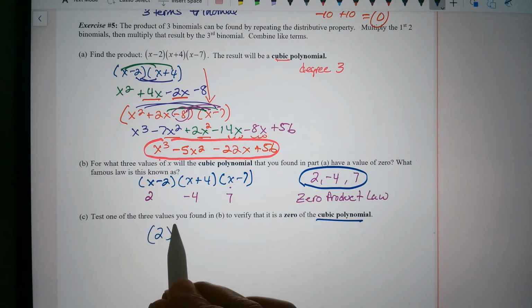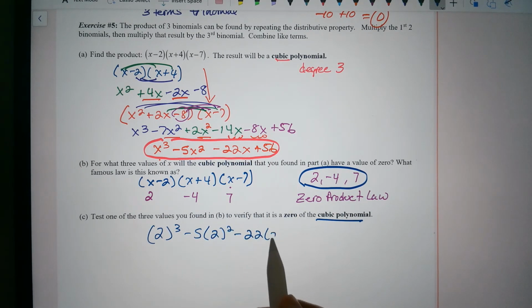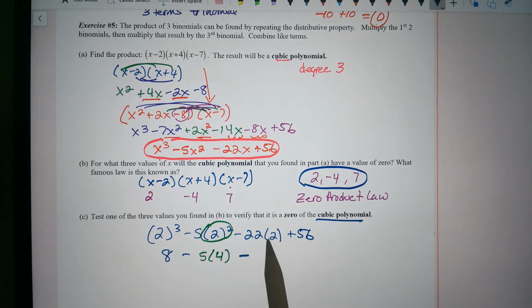So 2 cubed minus 5 times 2 squared minus 22 times 2 plus 56. 2 cubed is 8 minus 2 squared is 4. Order of operations here, we do exponents before multiplication. So that's going to be 5 times 4 minus 22 times 2 is 44 plus 56. So we have 8 minus 5 times 4 is 20 minus 44 plus 56.